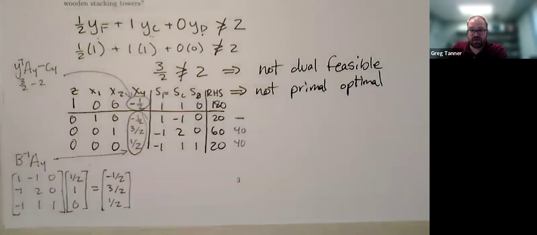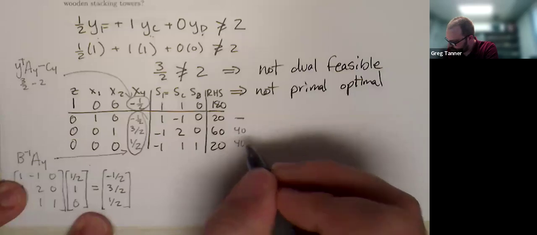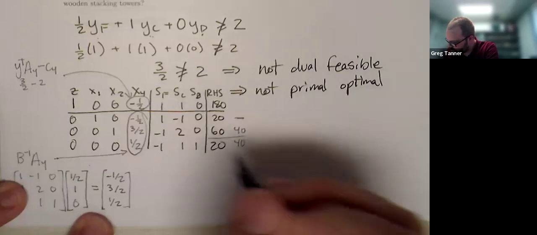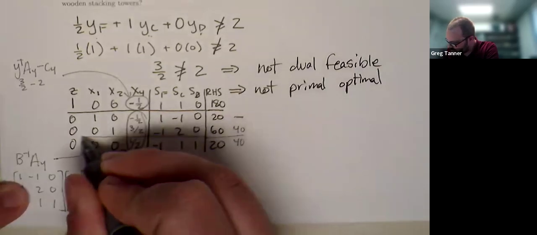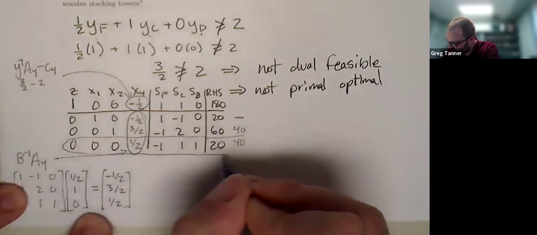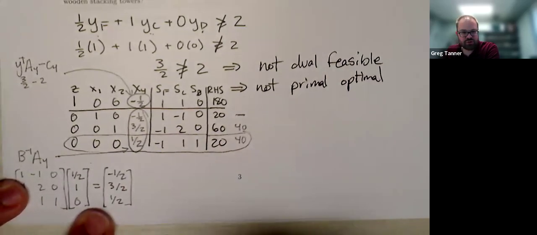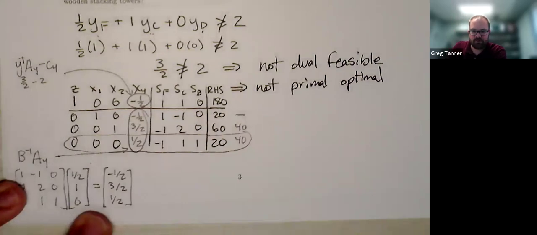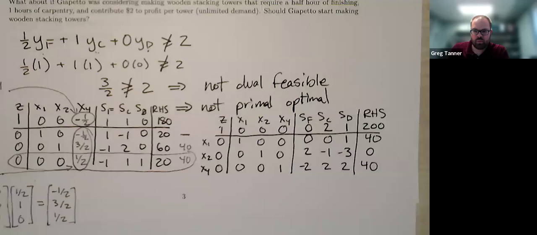Go ahead and pause the video, try it out. Try to do your pivot here. So I'm going to choose, for simplicity, I think it will be a little bit nicer algebraically to choose this row here, though it actually shouldn't matter too much. Okay. Try to do that pivot and we'll come back in just a second.